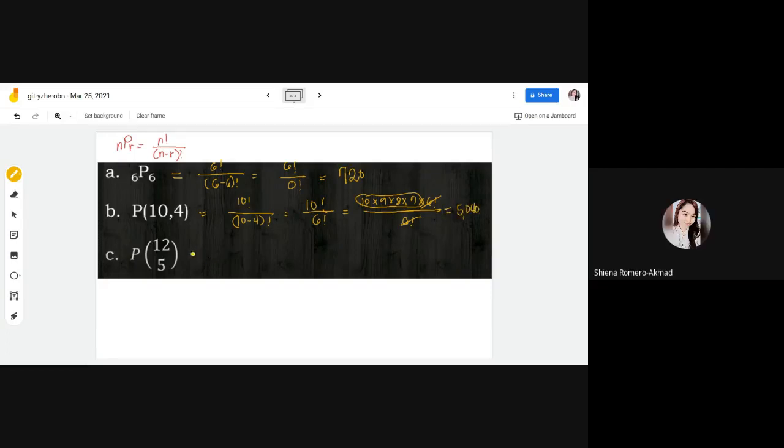Here we have 12 factorial divided by 12 minus 5 factorial. That gives us 12 factorial divided by 7 factorial. Pwede din naman this way. Ano yung value ng 12 factorial?